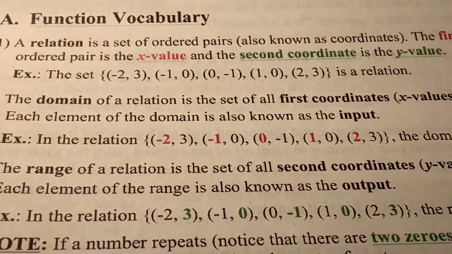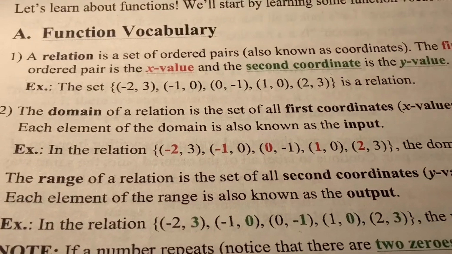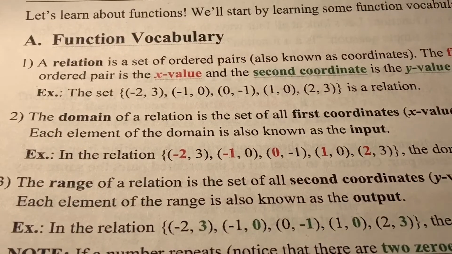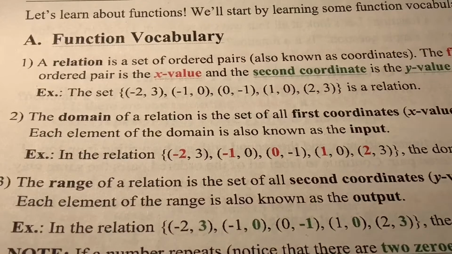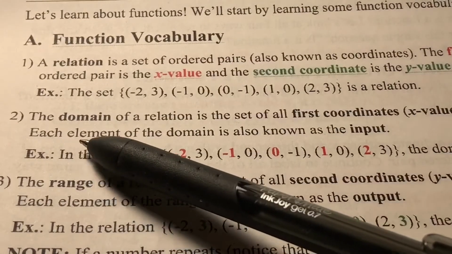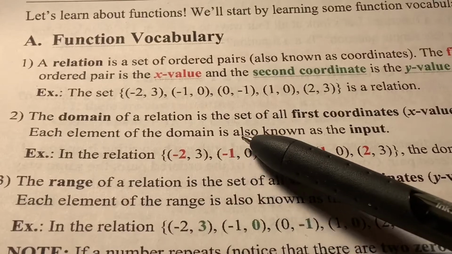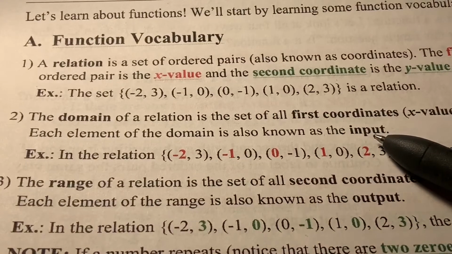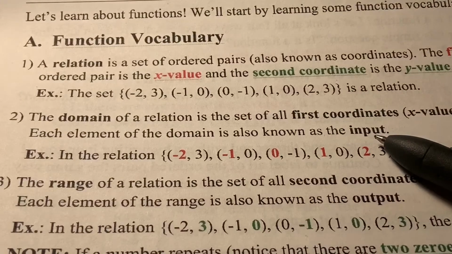When we hear the word domain, we know we're talking about all of the x coordinates only, okay? Only the x coordinates. Each element of the domain is also known as the input, okay? So when you're talking about the domain, you're talking about the input.